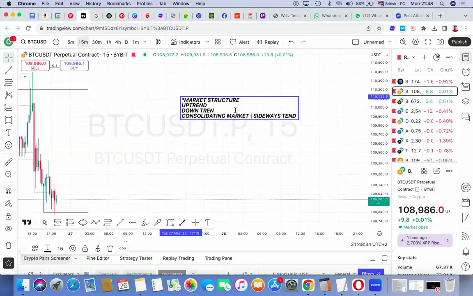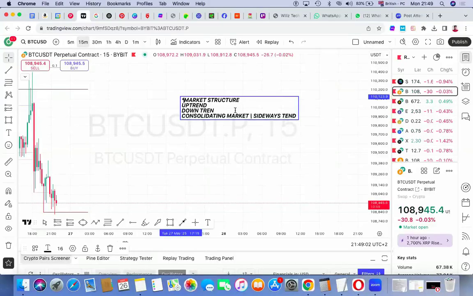The buyers and the sellers in the market are indecisive, which means they are keeping the price stagnant in a range. So the market doesn't break out.